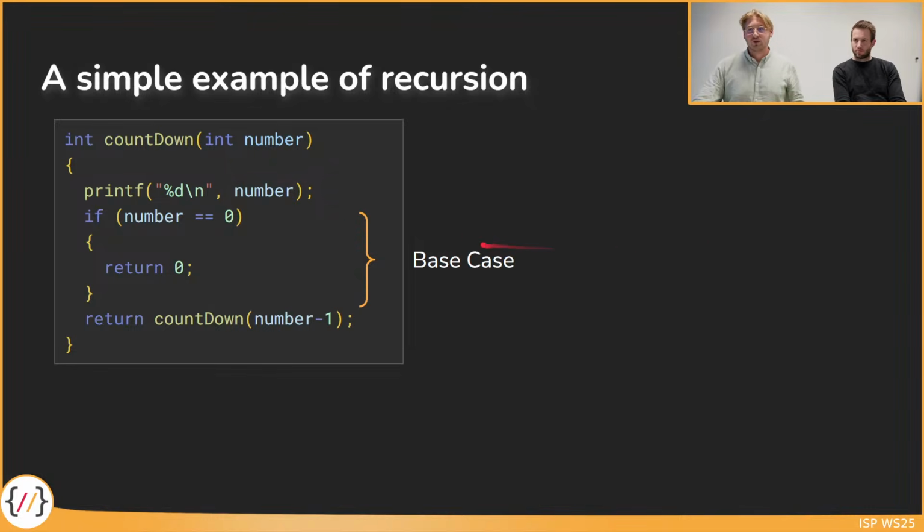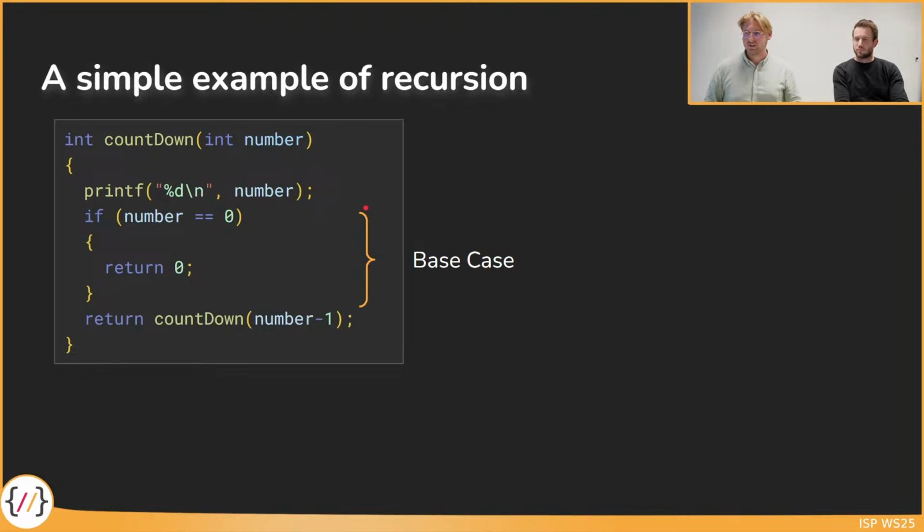Whenever we have a recursion, we have to specify a base case, because otherwise, as before, we have an infinite loop. It will call itself again and again until there's no memory available anymore, and the program or the computer crashes. That's why we need a base case, which says, okay, we have now reached the base case, do not call the function again, but stop here and go back.